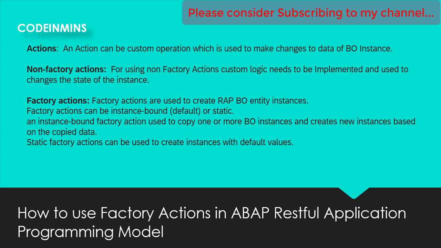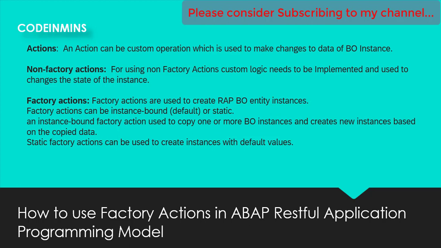And these are normally used to change the state of the business object instance. So for example, if you want to update a field or certain fields of a business object instance, then you can use these non-factory actions.